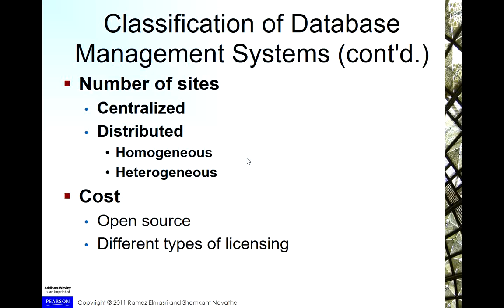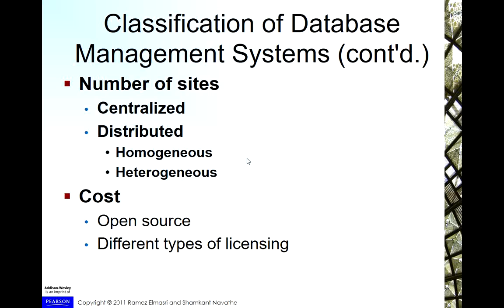Also, in terms of number of sites, we can have either centralized or distributed. Distributed could be homogeneous, that has a relationship between them, or heterogeneous, that means scattered around the business and there is no relationship between these different sites. Homogeneous is usually the most common, where databases are connected together and have a relationship between them.